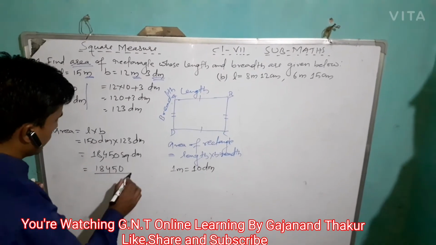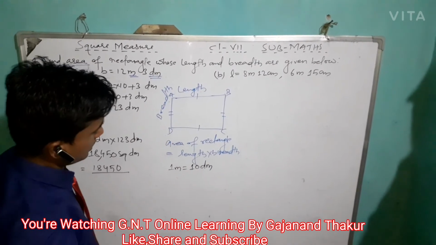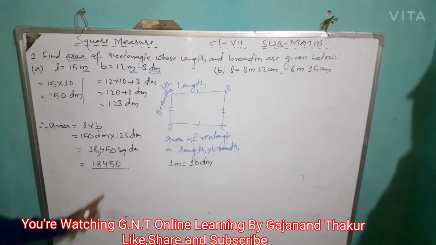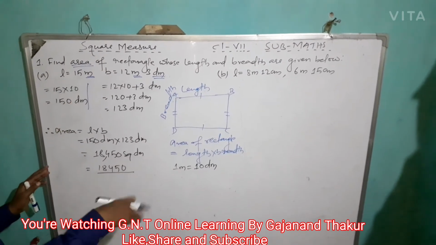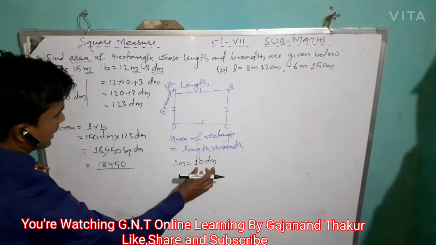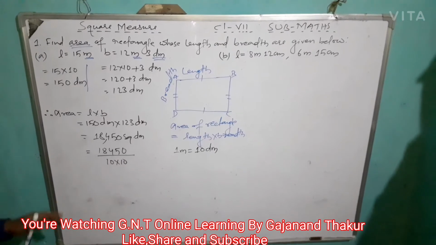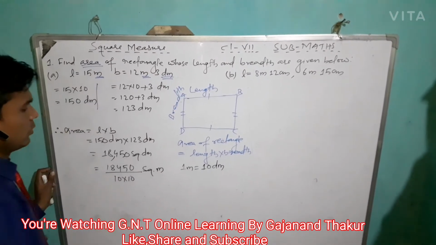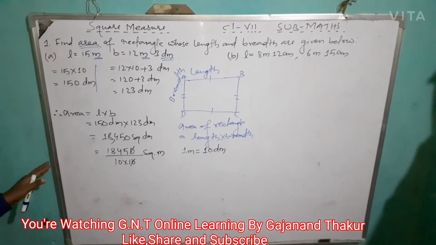For that, I'll divide. 1 meter equals 10 decimeter, but here we have square, so when we convert the square part we take it 2 times, 10 into 10. Now it will become square meter.